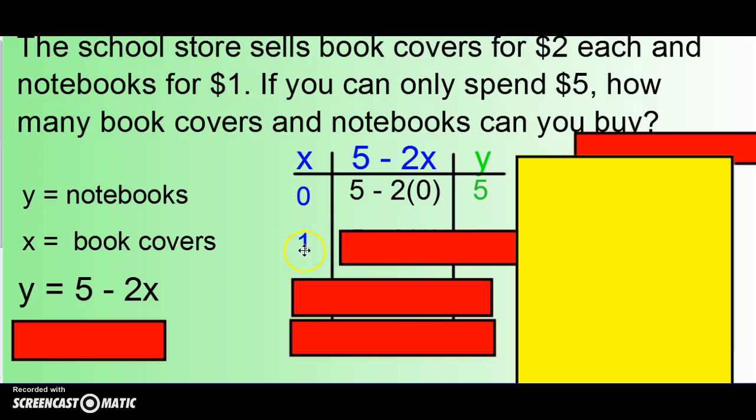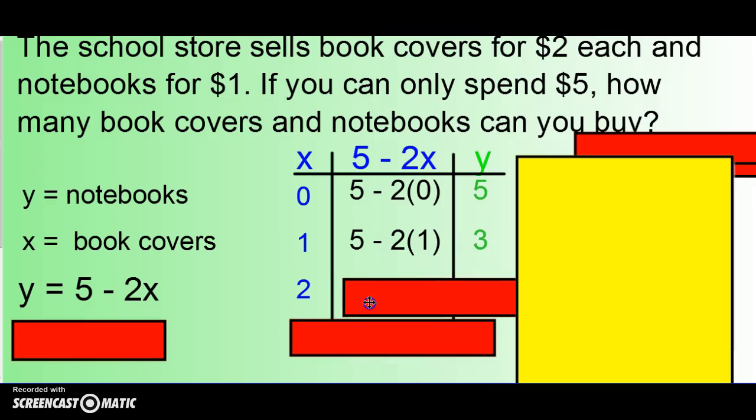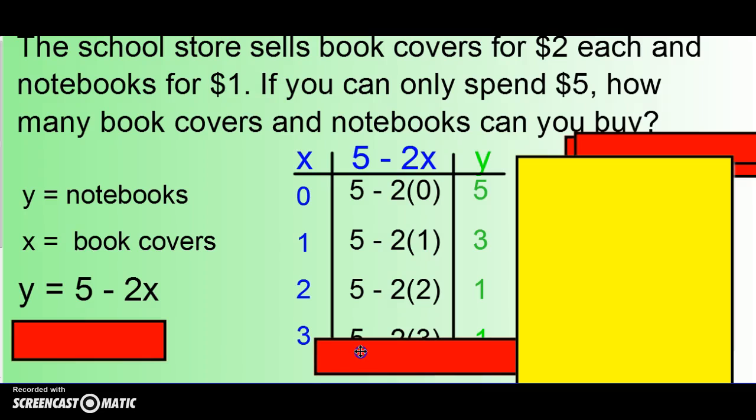Then I can afford 3 notebooks. What if I want to buy 2 book covers? I can afford 1 notebook. Last one, what if I want to buy 3 book covers? Well, then you wouldn't have enough because the book covers are $2 each.